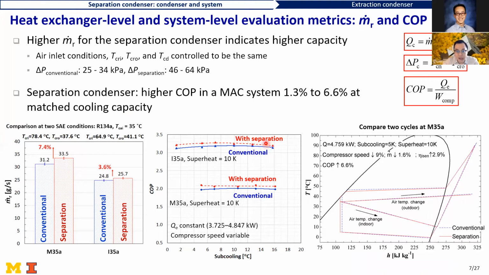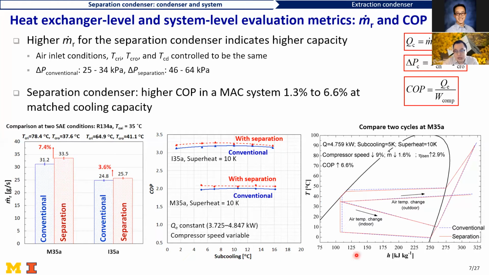And if we look in detail at what is happening, why there's such improvement, it is because with a higher performance condenser for this red cycle, which uses the separation condenser, the saturation temperature of the condenser is lowered, so the exit enthalpy for the separation condenser is lowered.